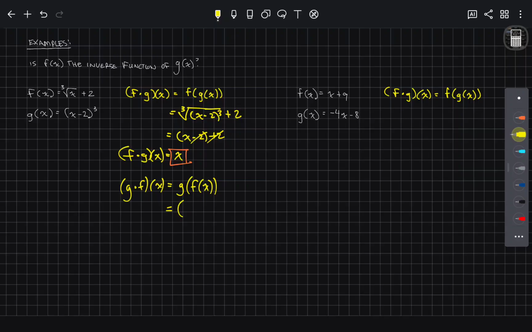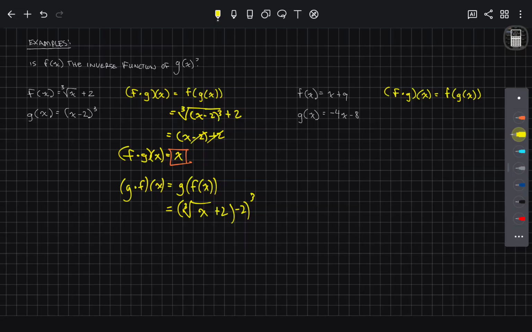So we substitute f of x in for x in g of x. That's the cube root of x plus 2, minus 2, and that is going to be cubed.